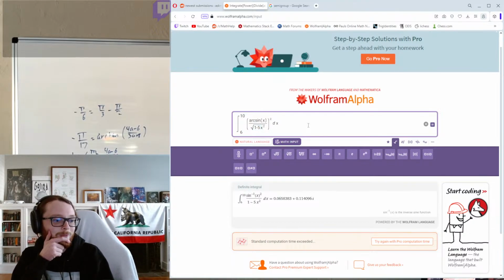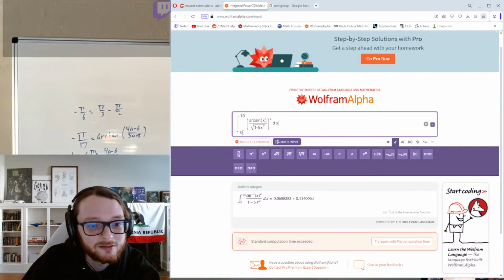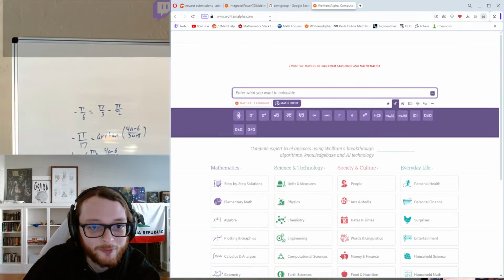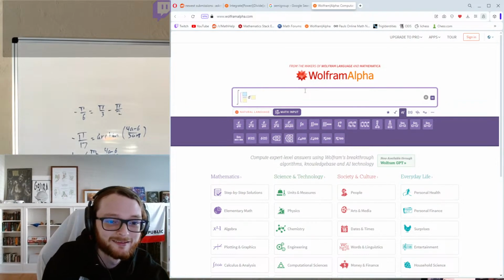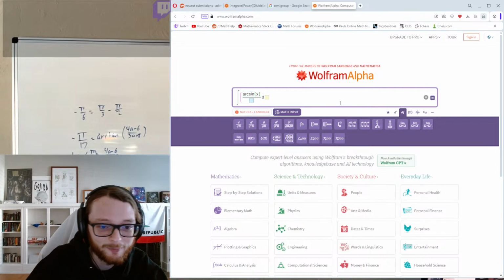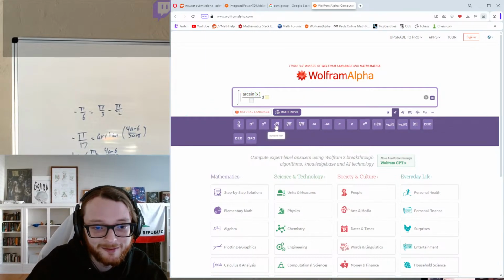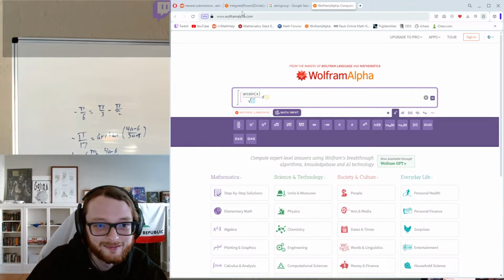Can you do it in definite form? Probably. All right, well, when I say probably, I don't know that. We could try the definite. The bounds are going to make it invalid, but we can at least see what this looks like. 1 minus 5x squared.